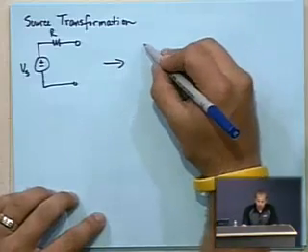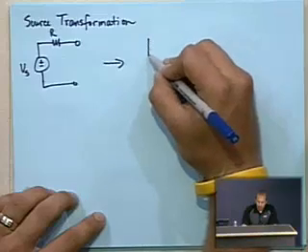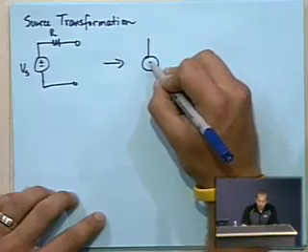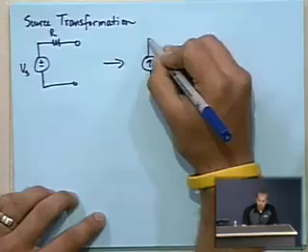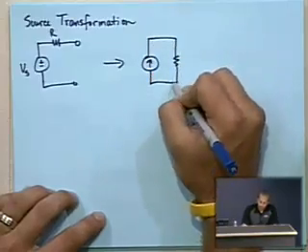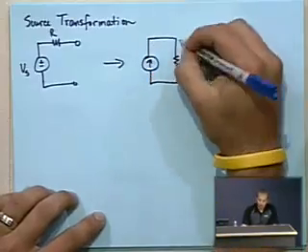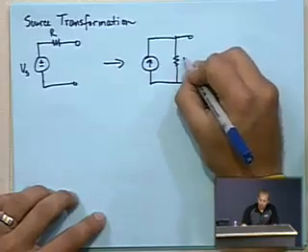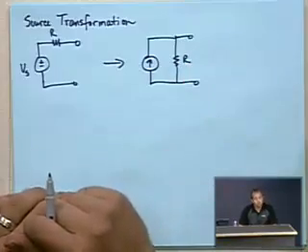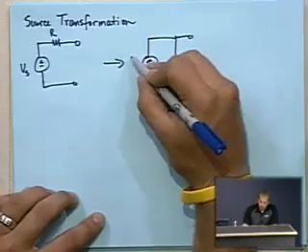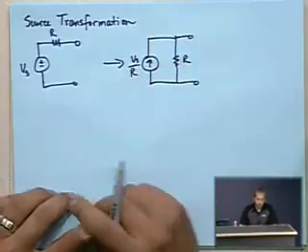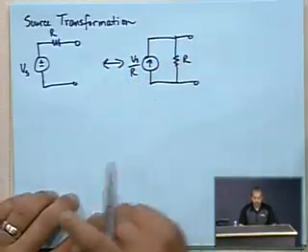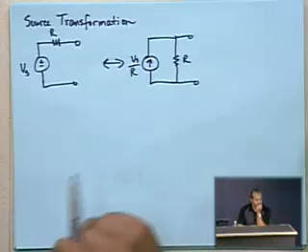You can replace that with a current source and a parallel resistance where the resistor is still R and the value of the current source is Vs divided by R. And you can go back and forth either way that you want to.